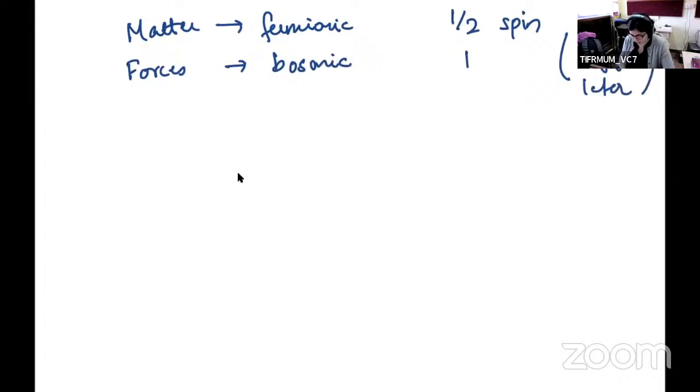Okay. And the heuristic idea is something like this. So you can think of this very simple picture where I draw space horizontally and time vertically. Any particle interaction can be thought of as something like this.